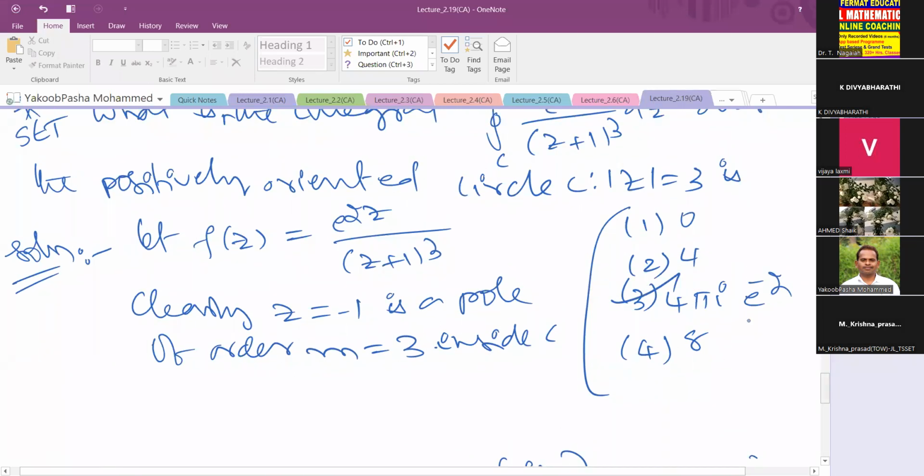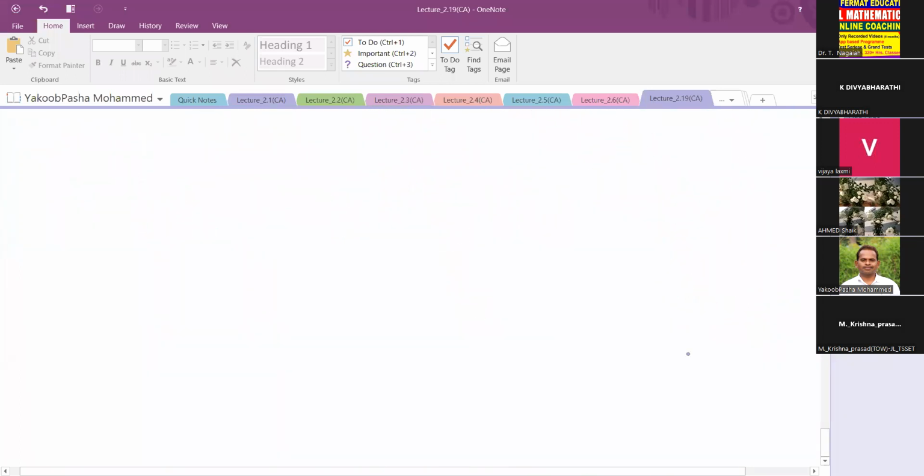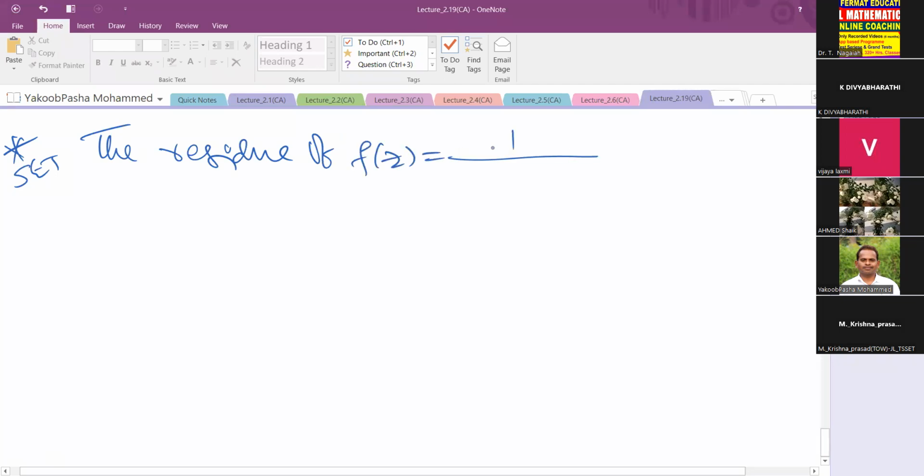Okay. Now I'm taking another problem from SET, it is also a SET problem. The residue of f of z is equal to 1 divided by z power 4 plus z cube minus 2z square at z is equal to 0 is.